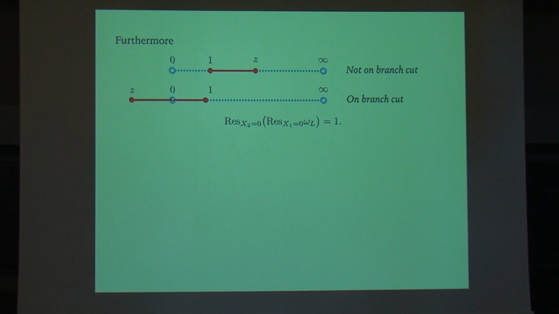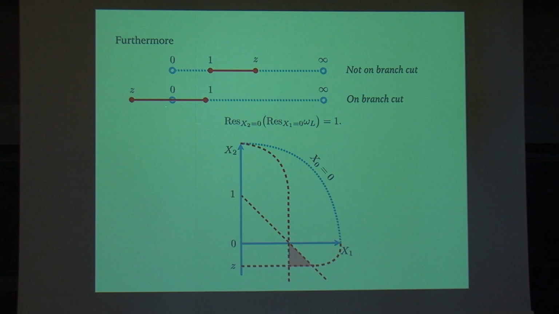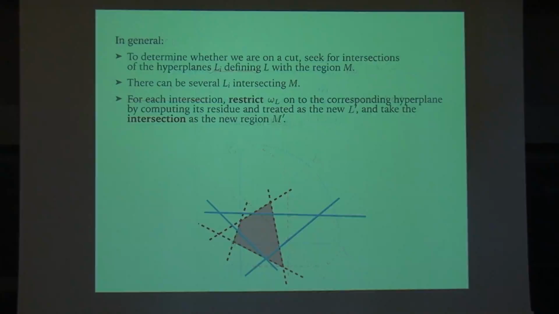We can just focus on the intersection here, which is a zero-dimensional simplex, and also restrict the integral to this case. The result is just 1, which up to a 2 pi i is just the discontinuity that we pick up. Of course, this branch cut is nowhere to be seen in the original dilogarithm, as can be easily seen from this original picture, because when the z is located here, the triangle again has no overlap with any of the integral boundaries. So this is very nice, and actually it can be immediately generalized.